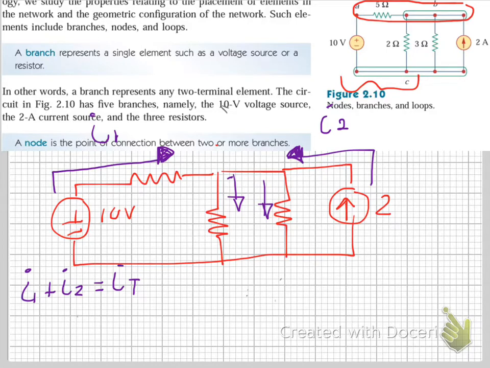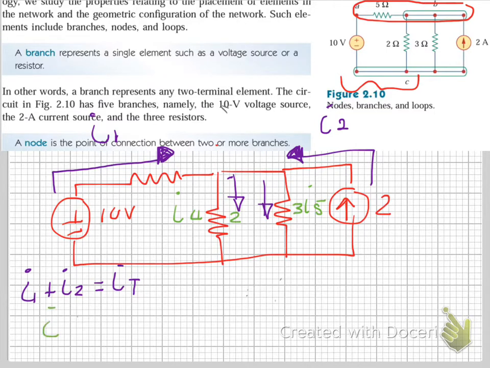So for here, we're going to look at green. I'll just call it I4 and I5, right? And this is the 3 ohm and that's the 2 ohm.